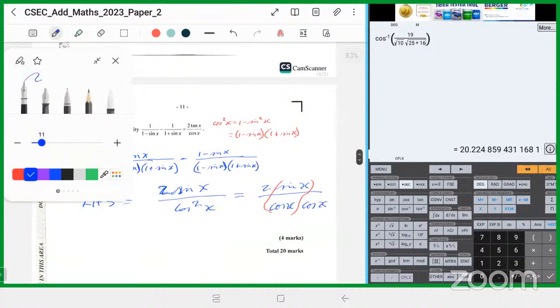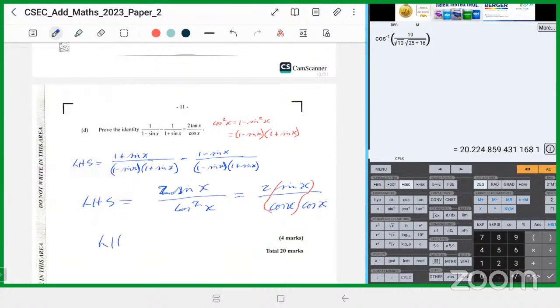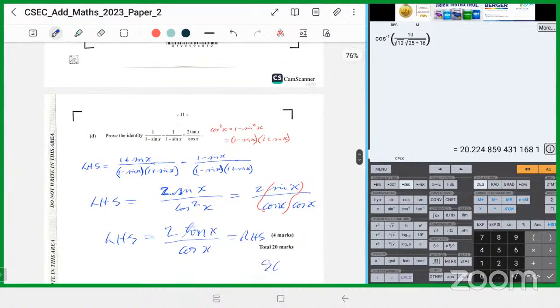So the left-hand side becomes equal to 2 tan x over the cos x that is left. That equals the right-hand side. So therefore shown. My eyes are falling asleep.